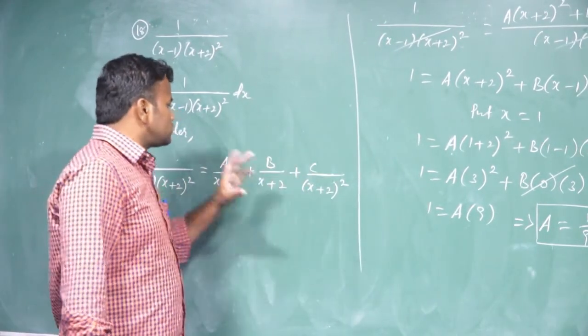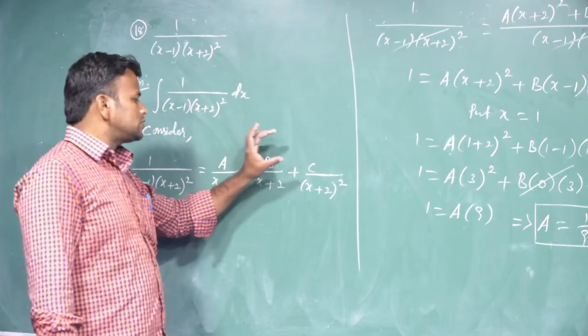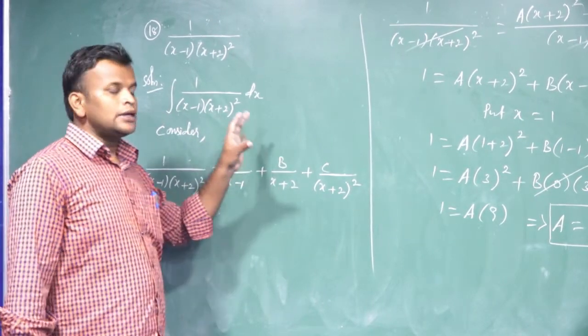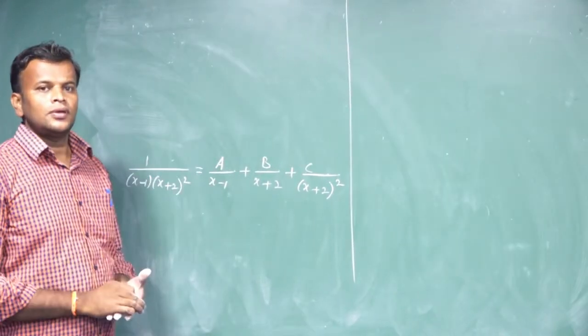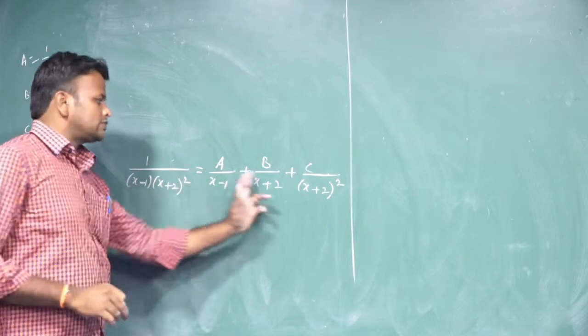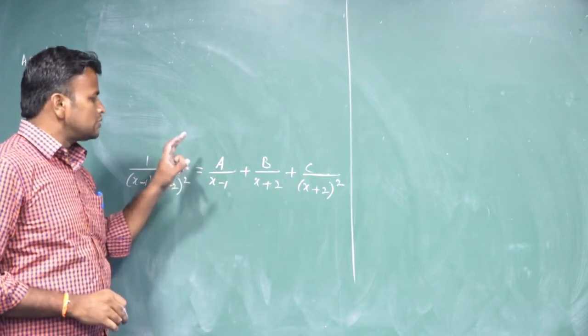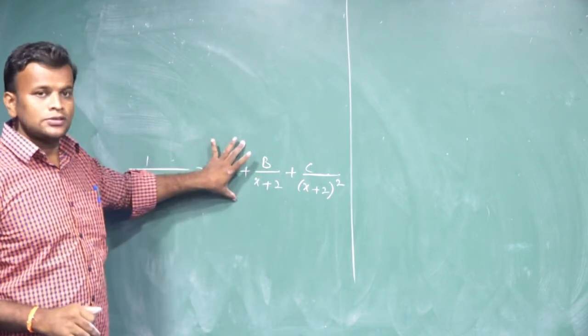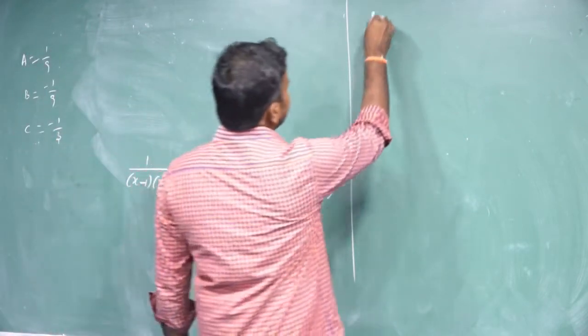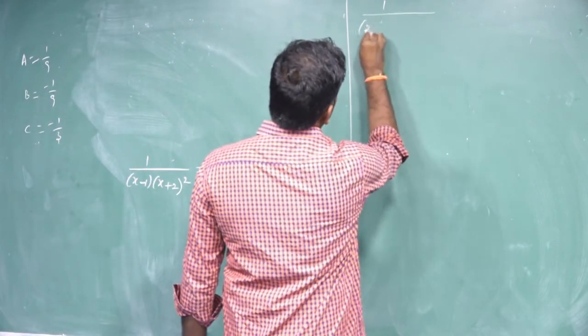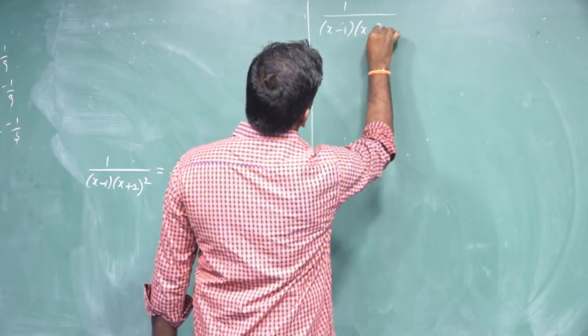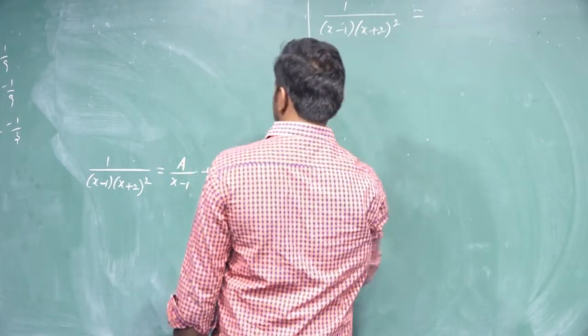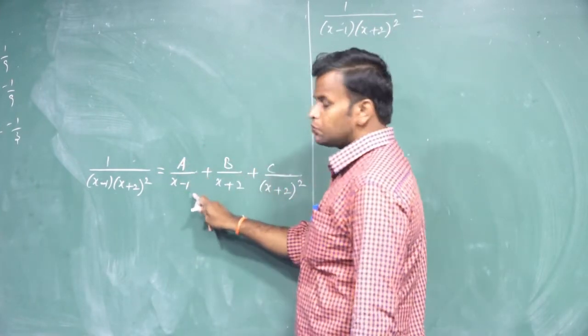The next step is to substitute these values of a, b and c in this step and then take the integration. For understanding, I again write this. Now to substitute the values of a, b, c in this equation. So 1 divided by x minus 1 into x plus 2 the whole square is equal to a divided by x minus 1.